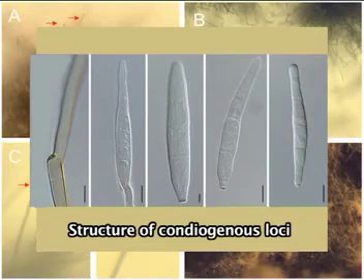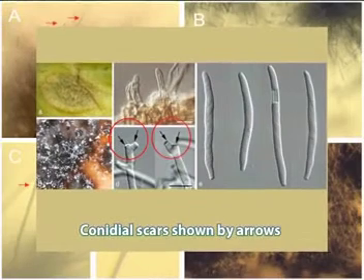They separated the cercosporoid genera mainly based on a combination of characters, namely structure of conidiogenous loci or scars and hila, and the presence or absence of pigmentation in conidiophores and conidia.